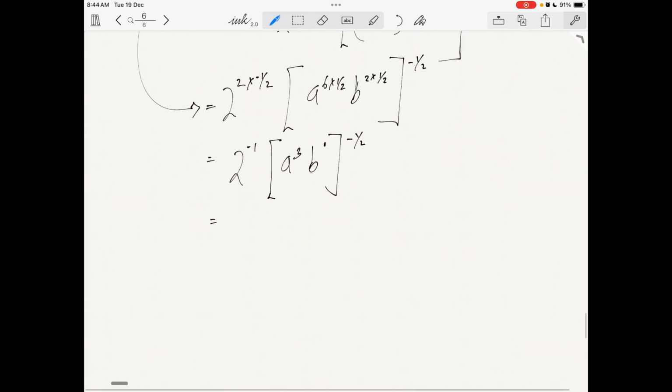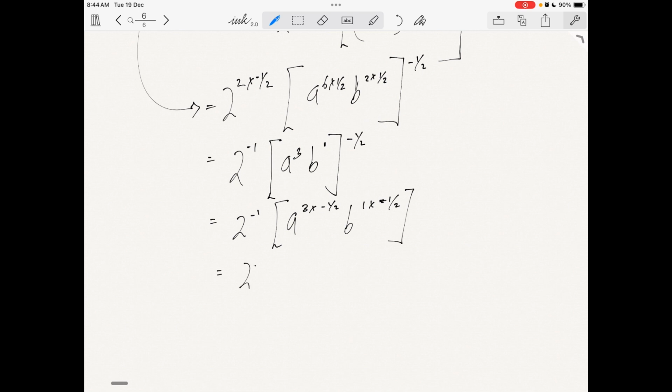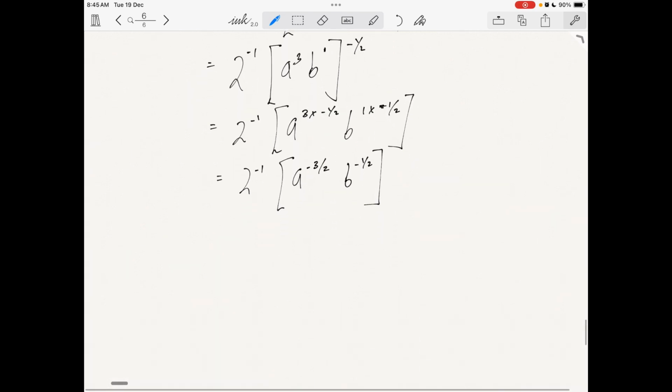So this will give me 2 raised to power minus 1, and let's apply the power law again: a raised to power 3 times 1 over 2, b raised to power 1 times minus 1 over 2. That will give me 2 raised to power minus 1, into a raised to power minus 3 over 2, b raised to power minus half. And that will be it.